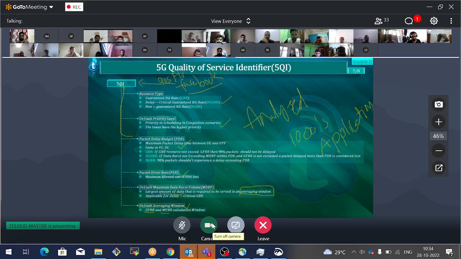Can anyone tell me? How do you decide that? If we are setting up a quality of service flow for Facebook, what should be the 5QI value for that flow? How do you decide it? That's my question. Anyone participating? At least two participations.